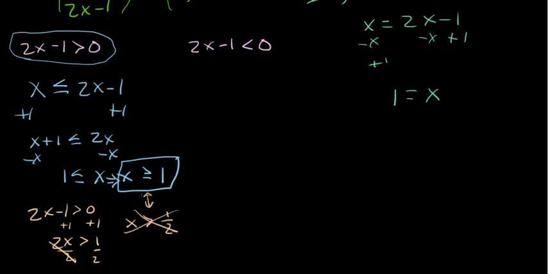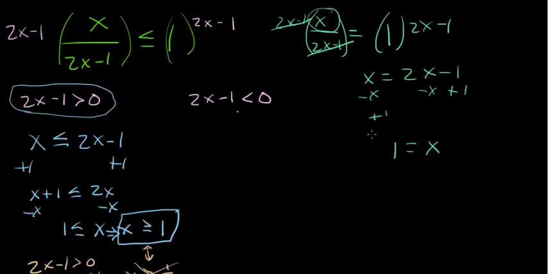So let's try this other one over here. We've got 2x minus 1 is less than 0. So that means that when I multiply both sides by 2x minus 1, then I have to switch the signs. So I have x is greater than or equal to 2x minus 1.